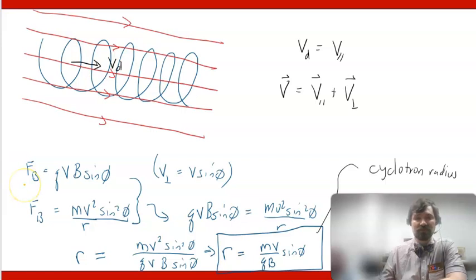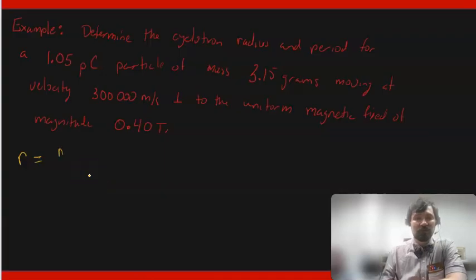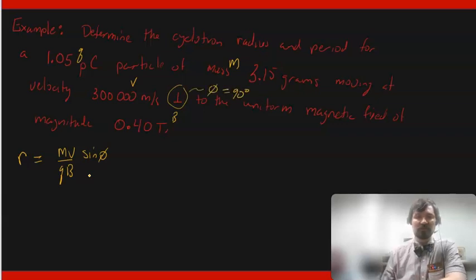That is using this equation, mv sine phi over qb. The q, m, v, and b are given, and the fact that it says perpendicular means phi equals 90 degrees.